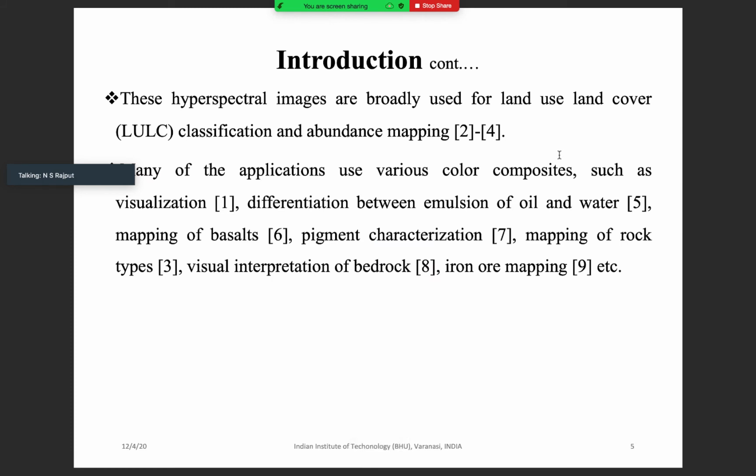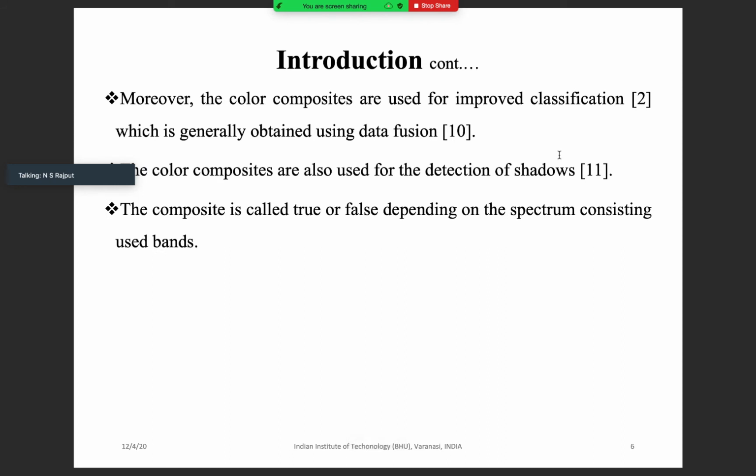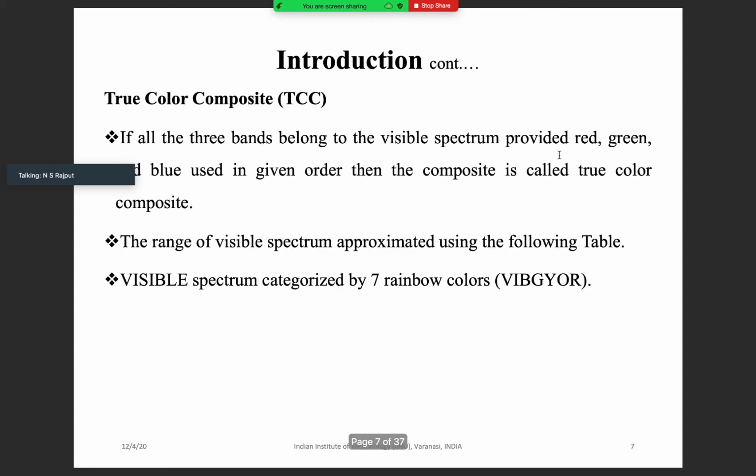With this view, we have reviewed some research papers, and people have been using false color composites for differentiation between oil emulsions and waters, even the minerals present in the soil, and many other applications. So basically, color composites are used for improved classification, and false color composites are typically used when we want even better differentiation between various objects.